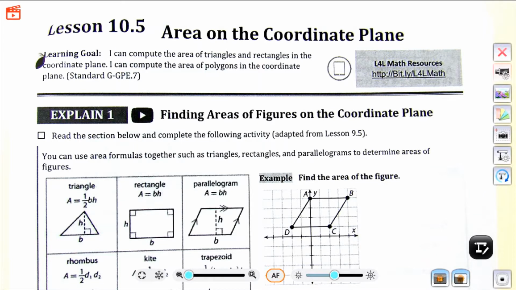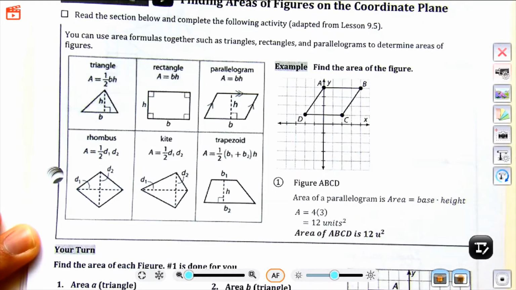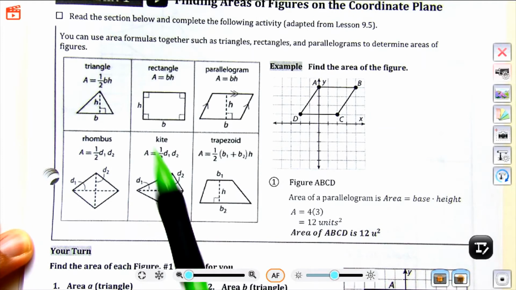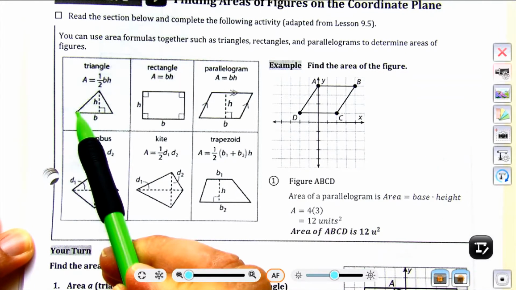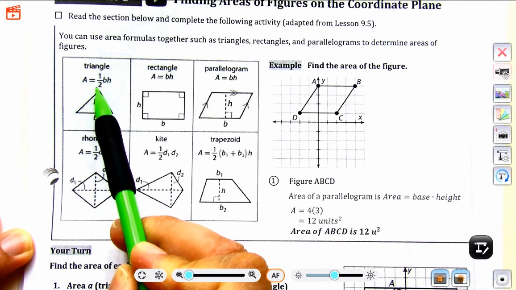So let's start by looking at area formulas that we've seen before. The first one is a triangle. How do we find the area of a triangle? We multiply half times the base times the height.